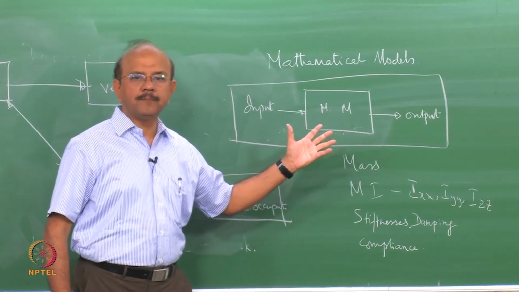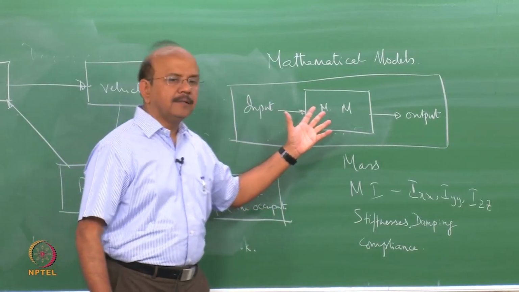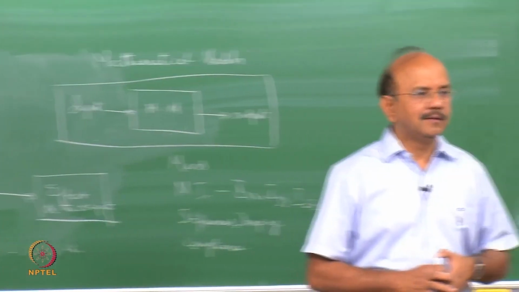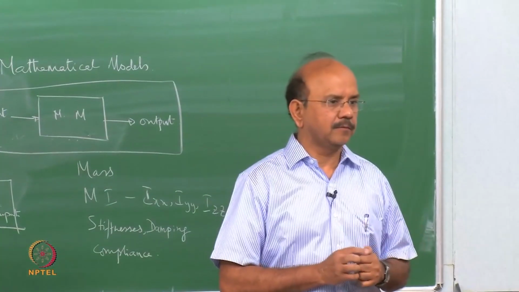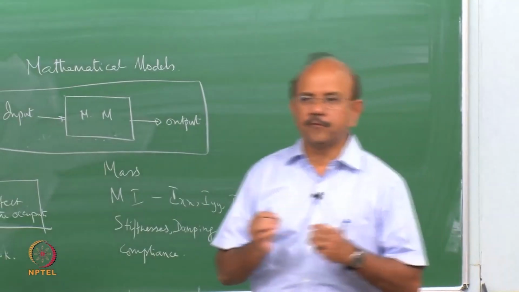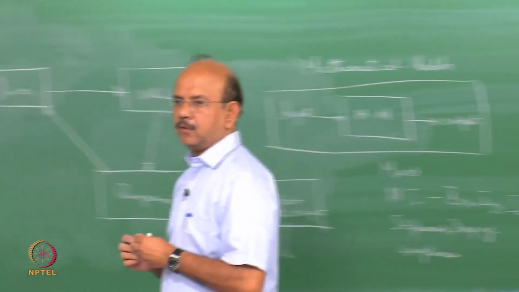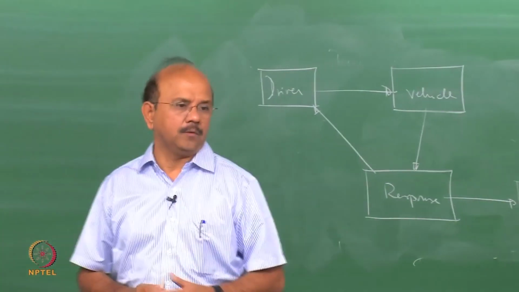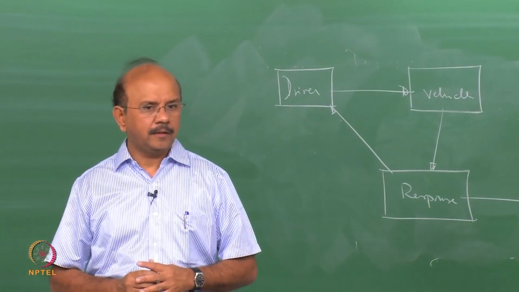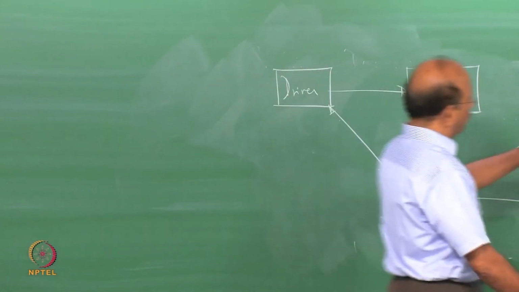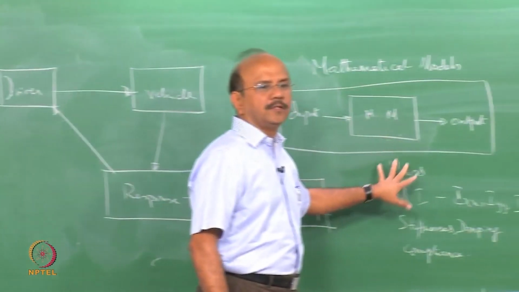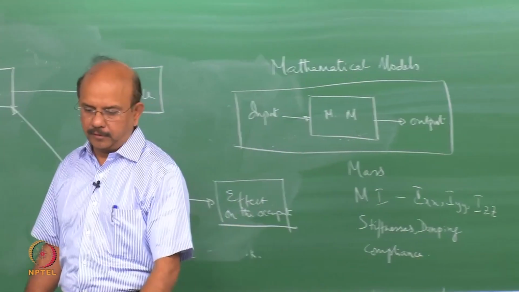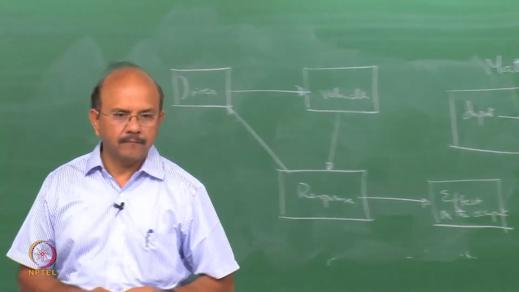So, in other words, the mathematical model looks at the vehicle from a very different perspective, or in terms of very different quantities, whose definitions, most of them at least, you already know. Clear? Okay. So, I hope you remember all the dynamics that you did in your previous classes, which will be used and applied in this course. Clear?